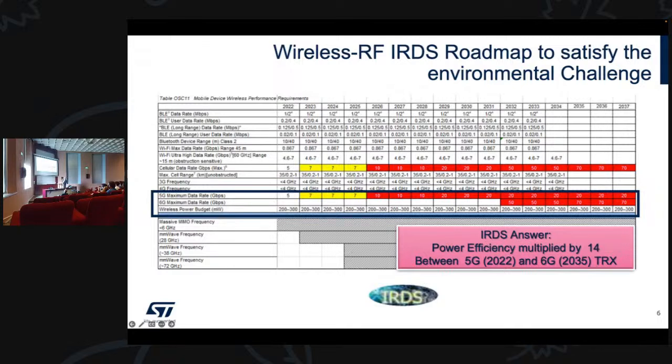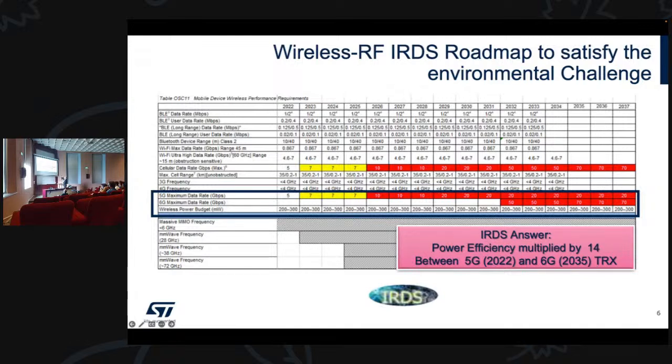If you look at what they say about the 5G 2022, the maximum data rate for a transceiver is 5 gigabit per second, which is roughly high for the moment. And the power consumption is 200, 300 milliwatts.